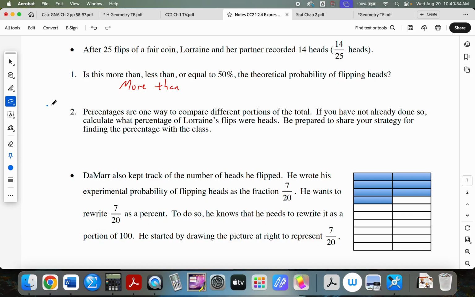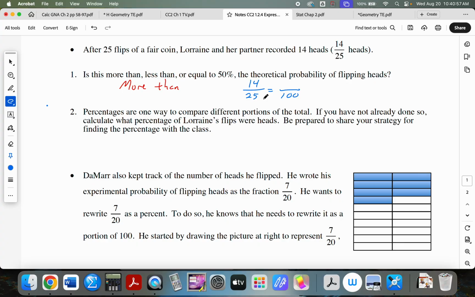Yeah, that's about 56%, I think, if my math is right. Yeah, it's 56%. You're exactly right. So we could figure that out by going, all right, 14 out of 25 is equal to something out of 100. That's how we get percentage.